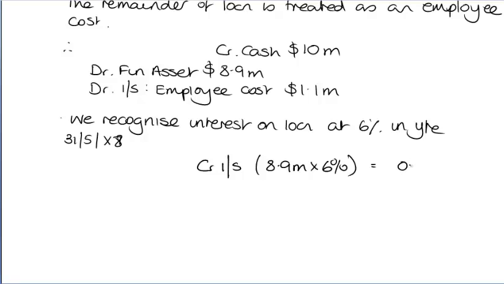This equals $0.53 million, and debit our financial asset $0.53 million. So that's how to deal with part 4, and we've now dealt with every element of the question.